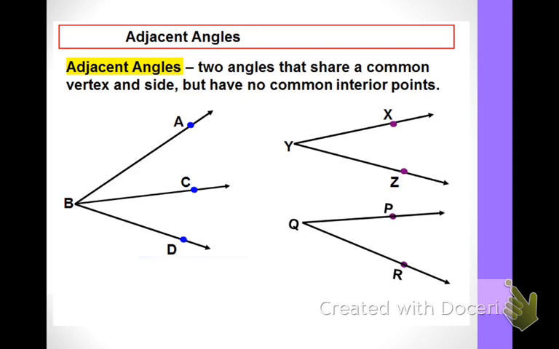What do I share with on this side? The hallway. I don't share with Miss Hat. Why not? She's across the hallway. She's not on the other side of my wall. That makes sense? So what you're going to write, you're going to highlight this. Adjacent in layman's terms means angles that share a wall.